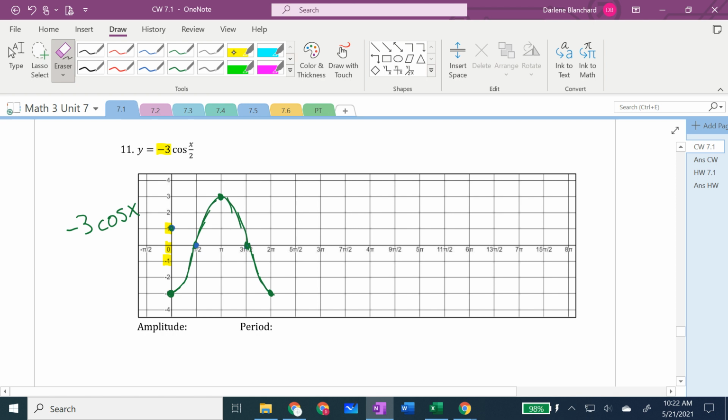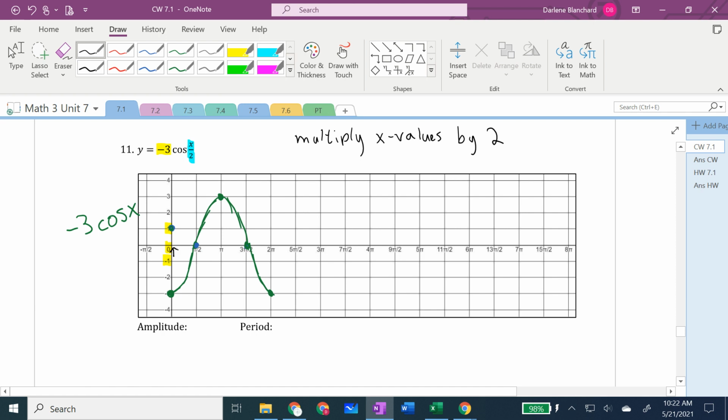And now we're going to take a look at inside the function with the x, I have division by 2. Whatever operation you see going on with the x, you want to do the opposite operation to the parent's x values. You see division, that means you are going to multiply all of your x values by 2.